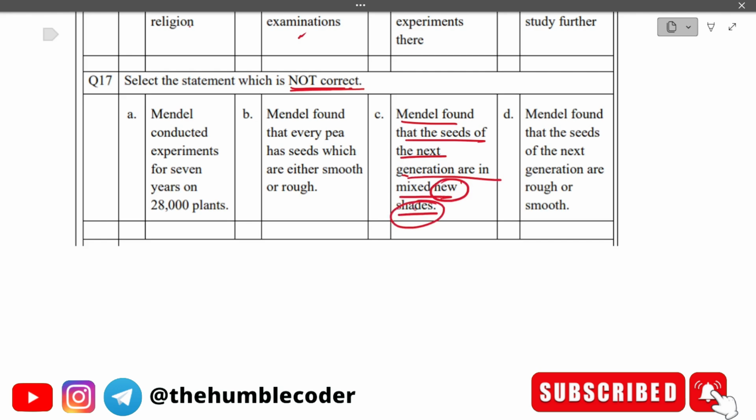He said that seeds will have only one color, either green or yellow, and at one point he also said that there will be more yellow that we will be able to see in future. So the correct answer is option number C. He never said that there will be mixed shades.